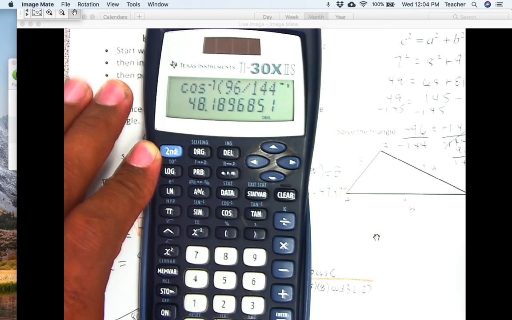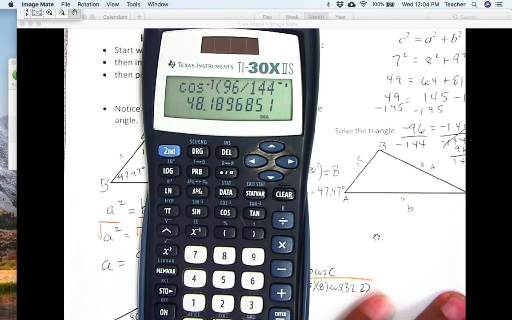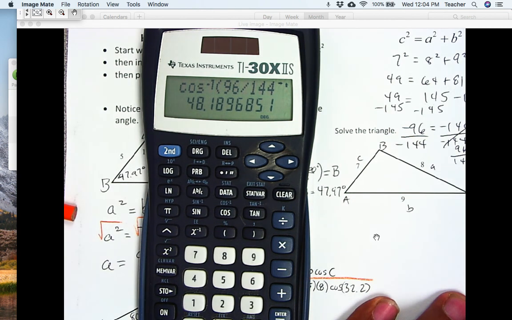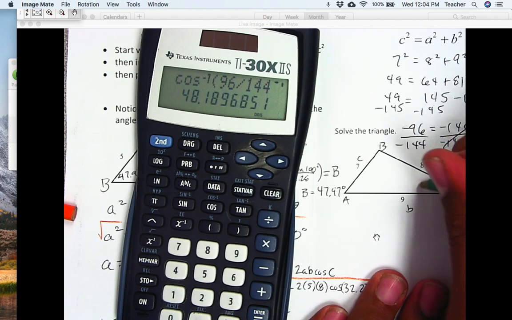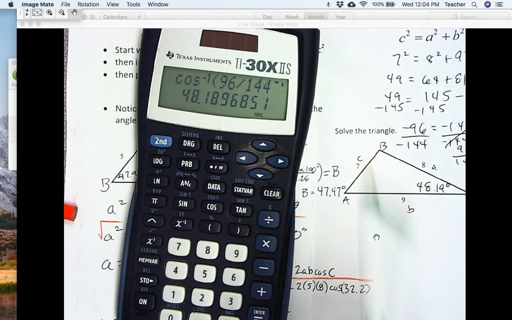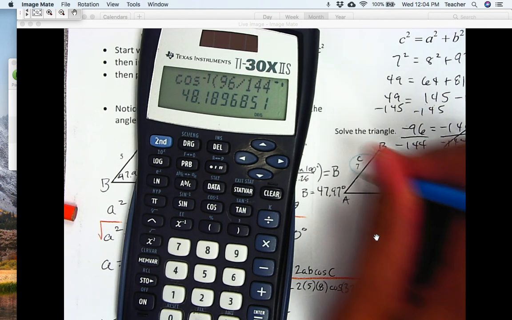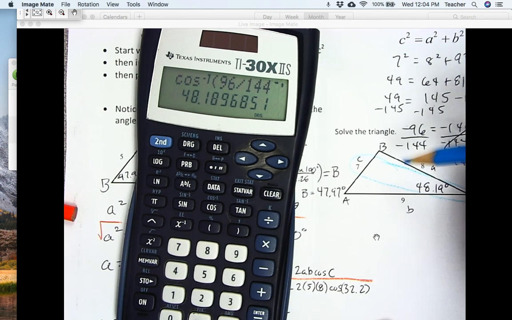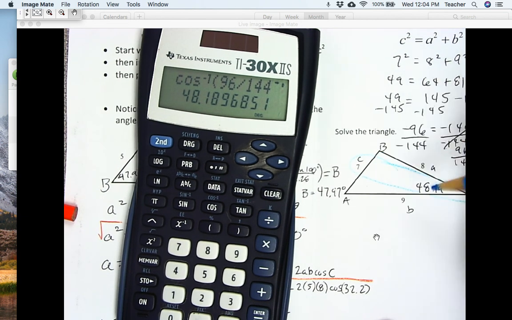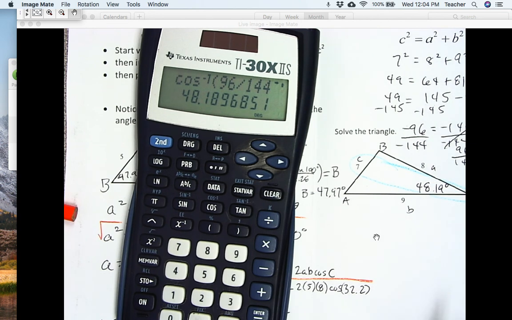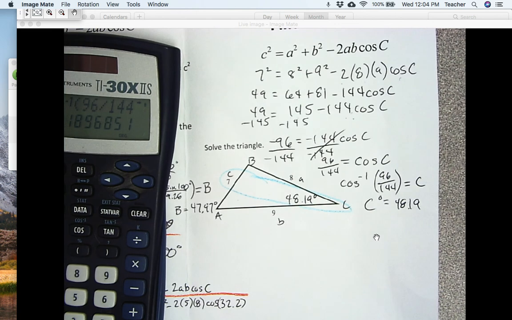And we get 48.19. Angle C is 48.19. So now, just like you did before with the last triangle, I can use law of sines because I've got the pair, and then I find one more angle, and then I just use the difference of 180 to solve the rest of that triangle. You should be able to figure out the rest just by doing that. Okay?